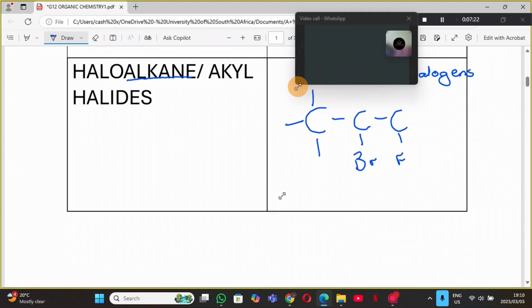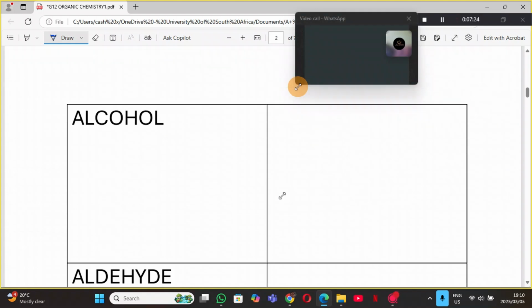Okay, and then we have an alcohol. How does an alcohol look like? It's OH. Yeah. Okay, and the C's, are they still not single bonds? Okay, so we have single bond C's, right? And then we have an OH, right?